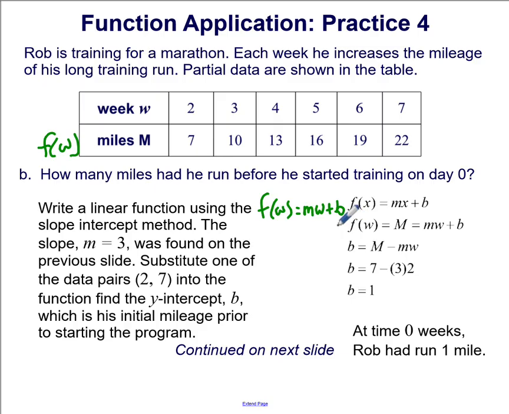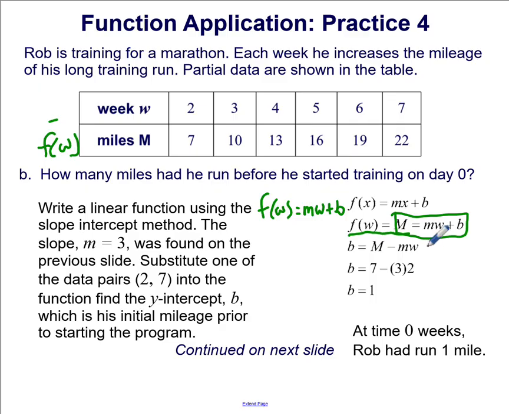Now, we noted up here that f of W is equal to M. So we have capital M is equal to m, the slope, times W plus b. Solving for b gives us a new equation. b is equal to capital M minus m times W.